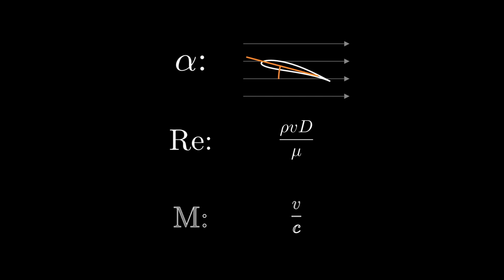The Mach number is the ratio of the air velocity to the local speed of sound. It is very important for flight at speeds near or over the sound barrier. In this video we'll consider only flight at low Reynolds numbers with subsonic speeds, so coefficients will only depend on angle of attack. I may come back to Reynolds and Mach numbers in a future video.